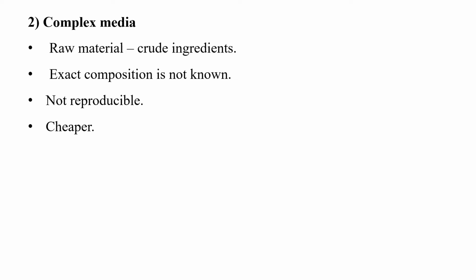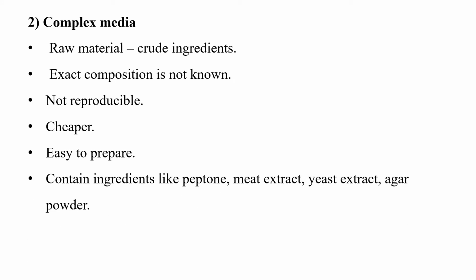But as compared to defined media, complex media are cheaper and easy to prepare, and they include ingredients like peptone, meat extract, yeast extract, and agar powder. All are the ingredients of complex media.